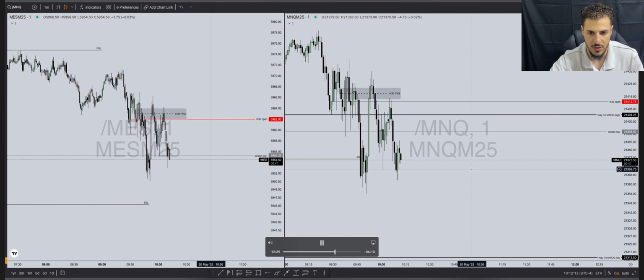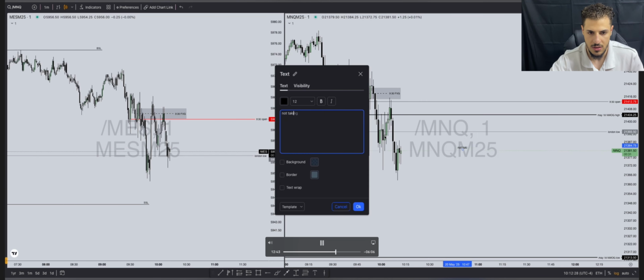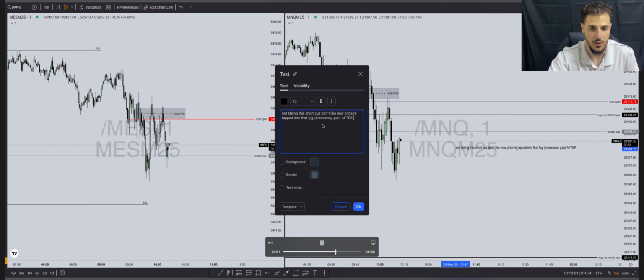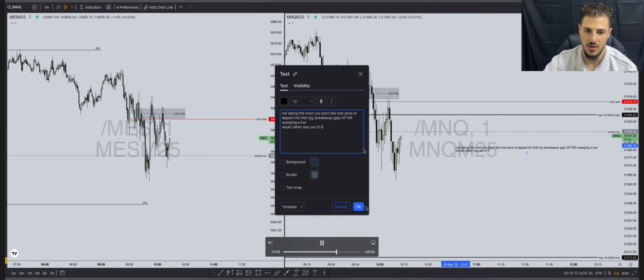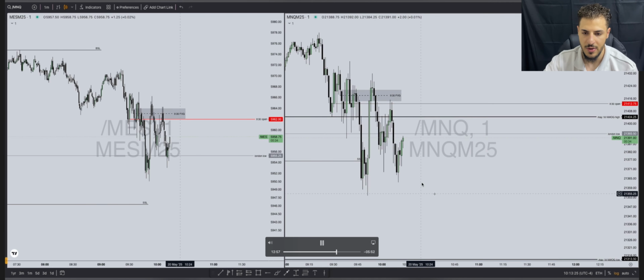We have this breakaway gap which should not be tapped into, especially after all this. So I'm not taking this short because I don't like how price tapped into that fair value gap, which is a breakaway gap, after sweeping a low. I would rather stay out of it. I don't mind if price dropped. Again, I'm not confident in taking this kind of short.